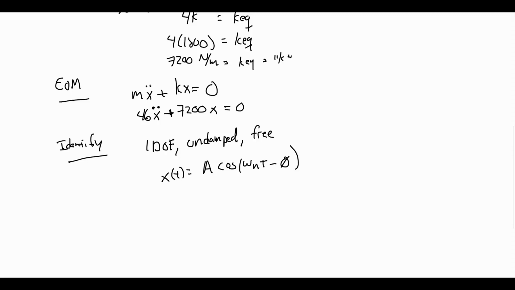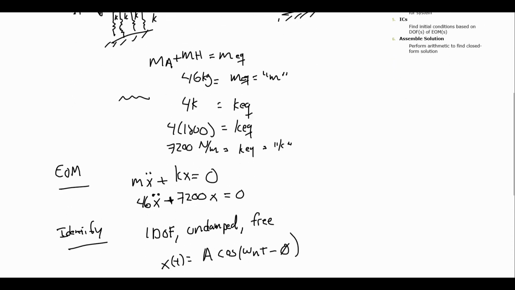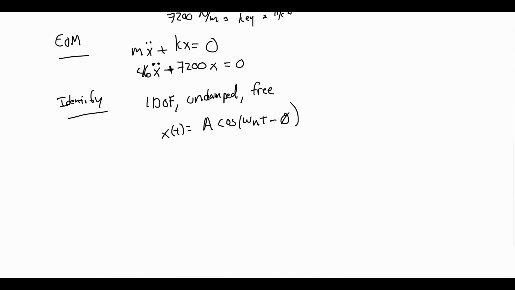Now, we know what the solution should look like, so going to our list of steps here, now we can find parameters. In this type of system, we really only have one parameter, and that is the omega n. Well, really the a and the phi are going to come into play once we identify our initial conditions. But let's start with omega n.